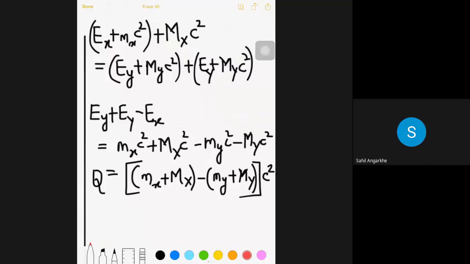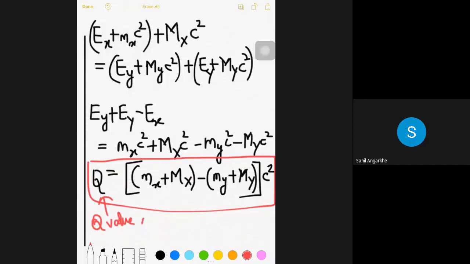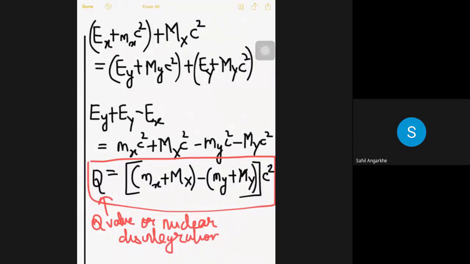This is the expression for the Q value, or nuclear disintegration energy.